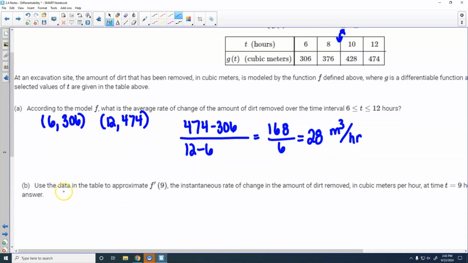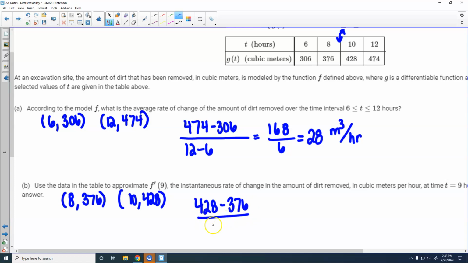We're just going to do the slope formula again for this one. So in this case, we've got (8, 376) and (10, 428). So we'll have 428 minus 376 over 10 minus 8. 428 minus 376 is 52, over 2, which is 26.